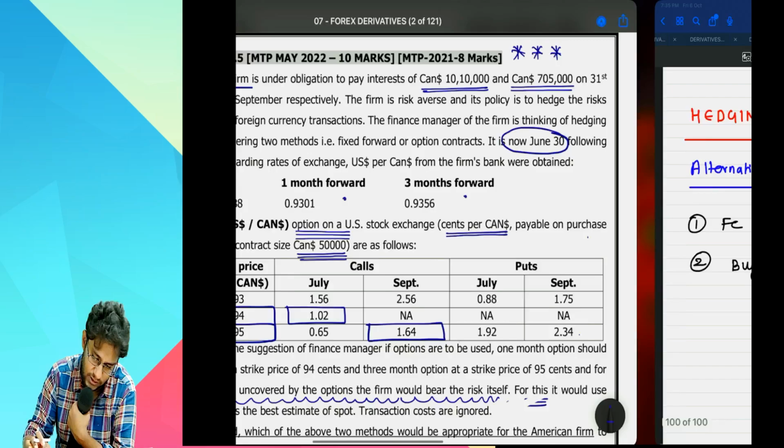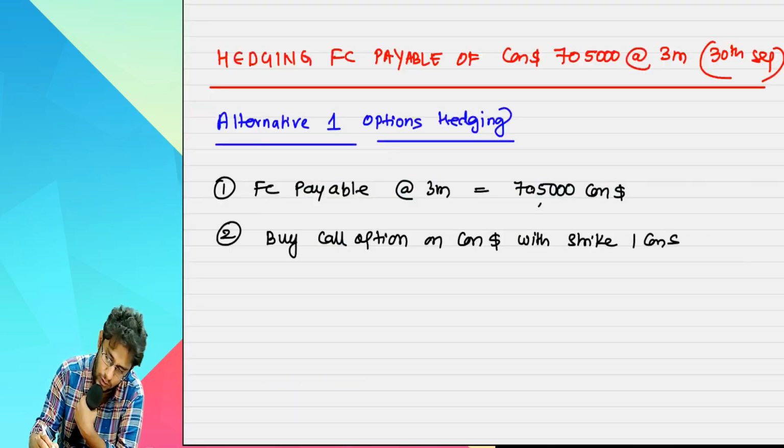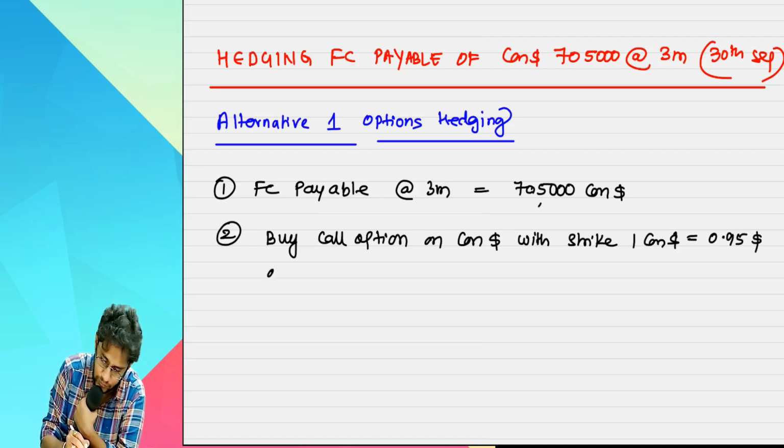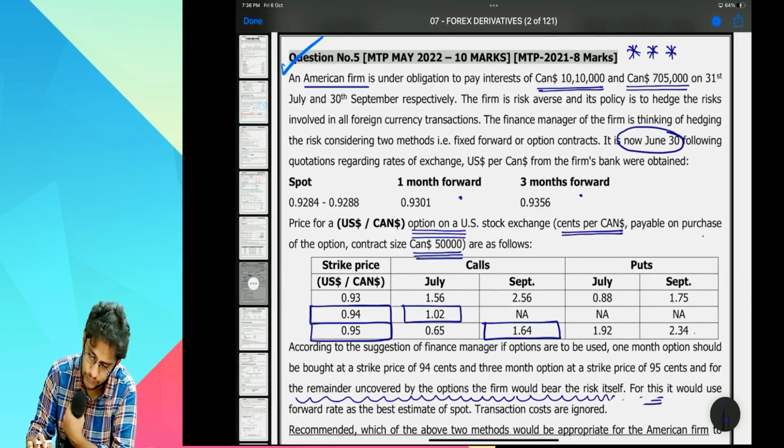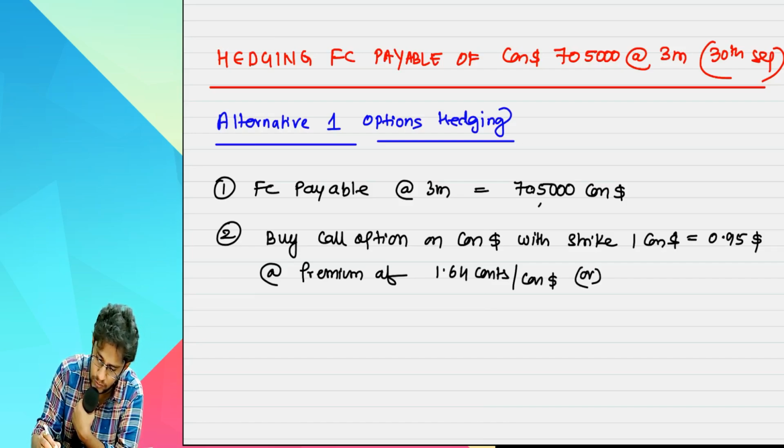This time I think he's asking you to select 95. So 1 CAN dollar is equal to 0.95 US dollars at premium of 1.64 cents per CAN dollar. Convert that, $0.0164 per CAN dollar.